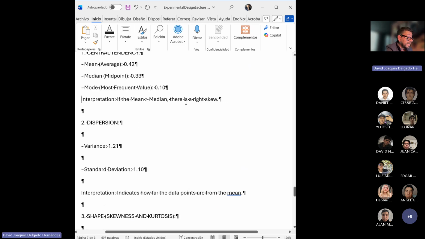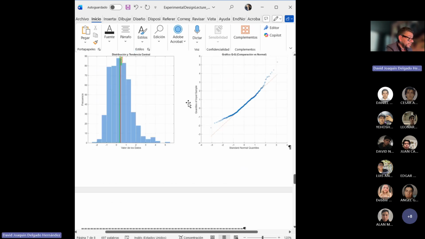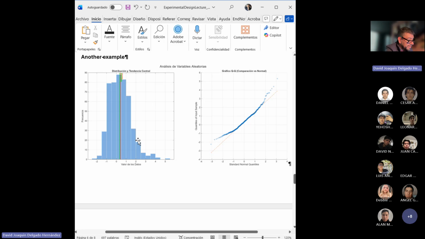So there is a right skew. So the skew is that this part is very flat, okay? When this part is very flat, this means that it drops. That means that you have a right skew, okay?